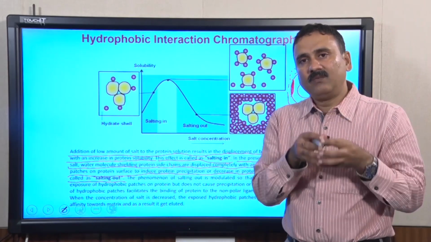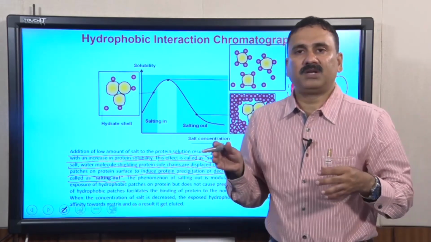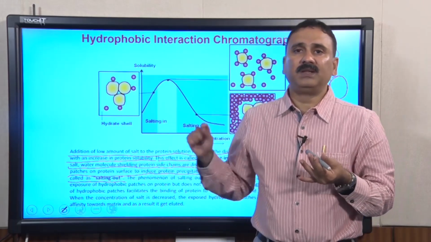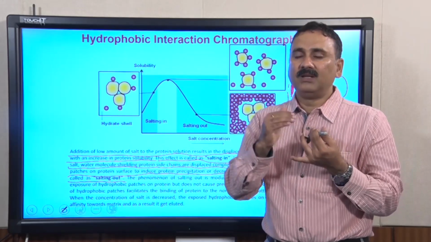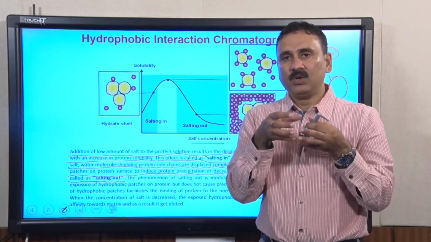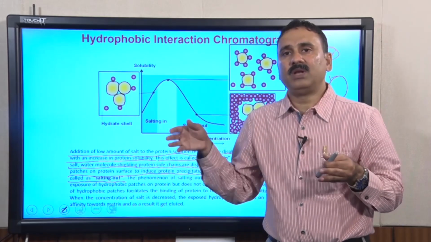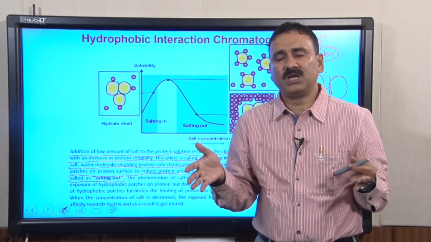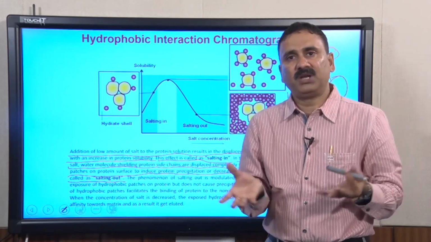This has always been done in very traditional protein purification approaches, where people use these salts and the salting out method to precipitate the protein in a differential manner. For example, if you have a complex protein mixture, you can use salting out as an approach to purify the different proteins, because every protein has a different amino acid composition, and accordingly a different amount of hydration shell outside.